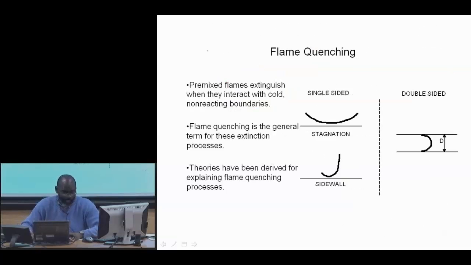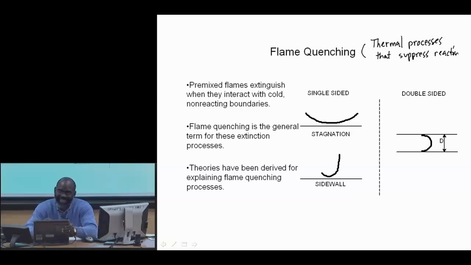Okay, flame quenching, what does this mean? Basically, flame quenching refers to, for the most part, thermal processes that cause the reaction to stop. And it's really referring to typically premixed flame quenching.